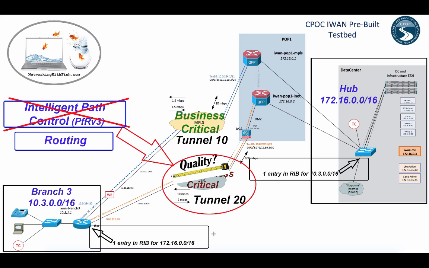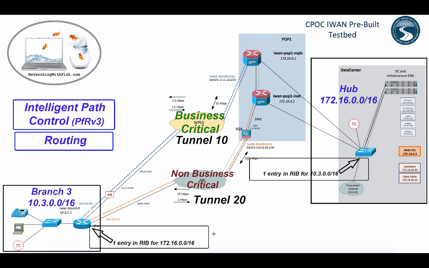But that's the beauty of Intelligent Path Control. You can have that one entry in the rib in case you need to fall back to routing. But when the Intelligent Path Control is up and working, you can go ahead and send the business critical traffic one way and the non-business critical traffic another way. And you can have that world.